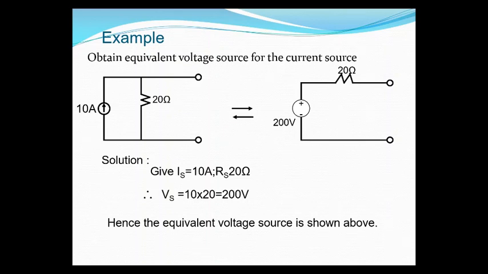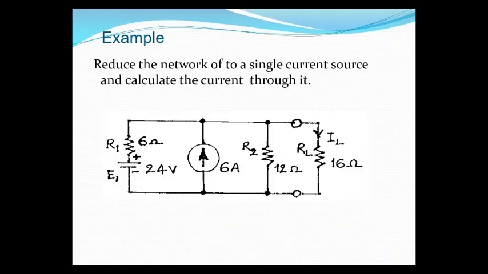So it becomes a voltage source. This 200 volts is in series with 20 ohms. Hence the equivalent voltage source is shown above. So now we are taking another example.